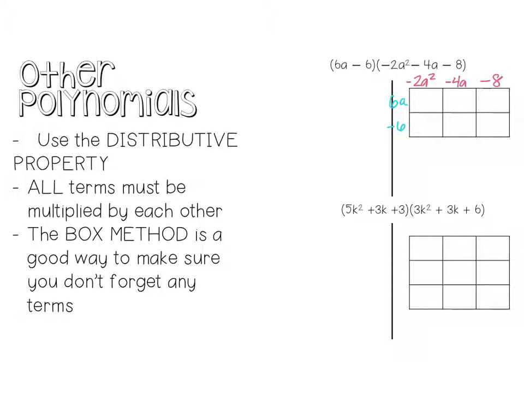So in this first box, it's negative 2a squared times 6a. So that's negative 12a cubed. This one would be positive 12a squared, negative 24a squared, positive 24a, negative 48a, and positive 48.